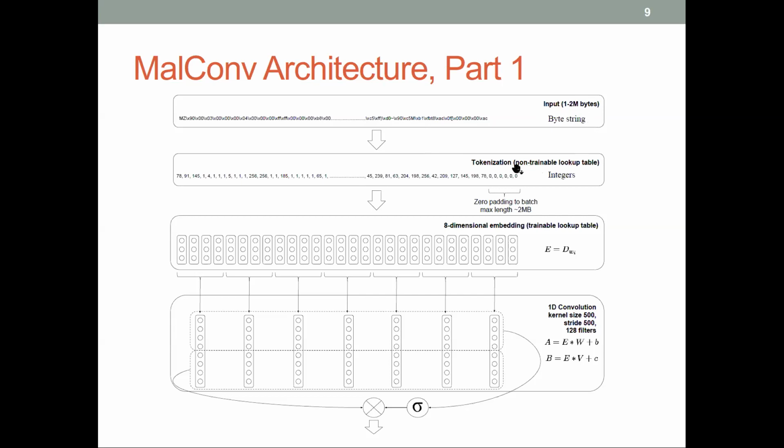Then they do tokenization, which is what we've already done in our malware classification exercises. They convert these binaries into integers between 0 and 255. And then here is where the training begins.